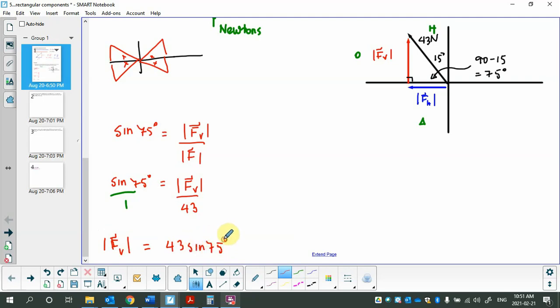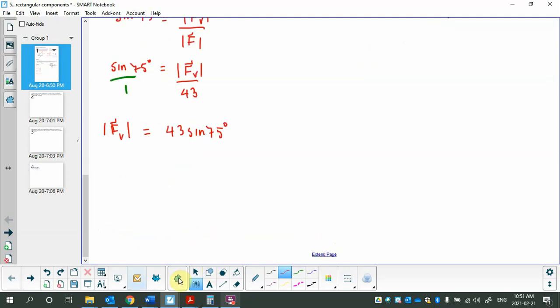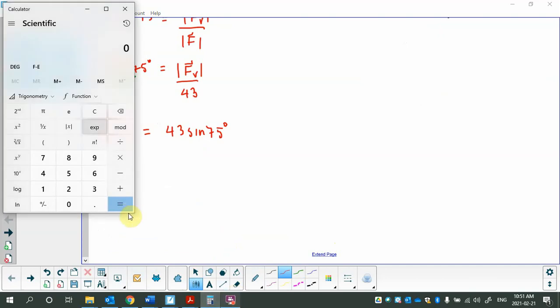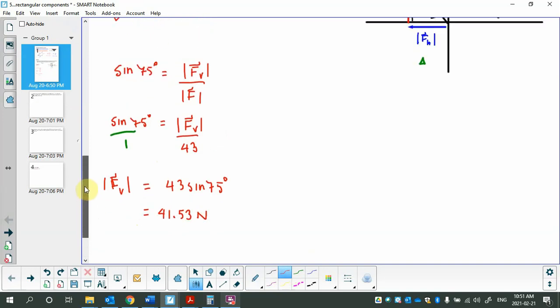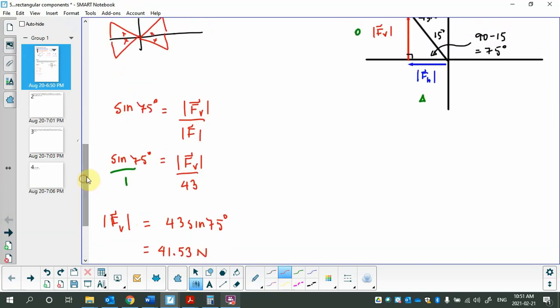And you can leave it like that if you choose, or you can turn it into a decimal, and get 41.53 newtons. And then we get to do it all again for the blue.